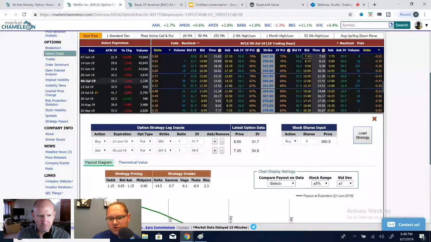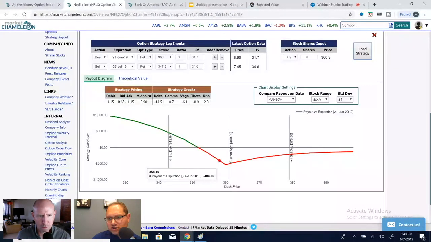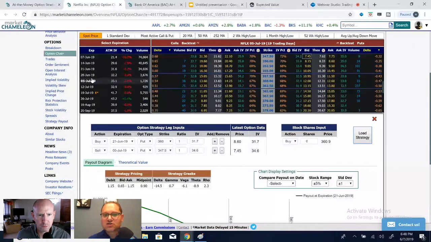Right. So that's how this would look. And really, when you're doing a diagonal between different expirations, one expiration is going to expire, the other one is not, right? So June 21st in this case will be gone, but July 5th still exists. So there's no way to know at July 5th what it is.